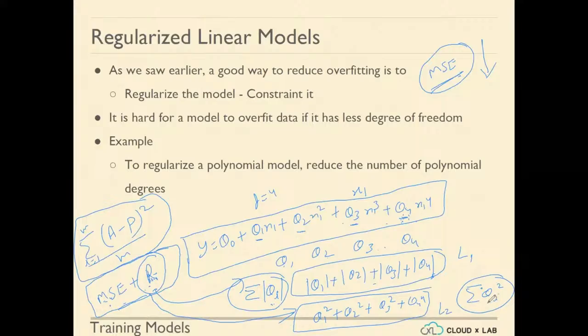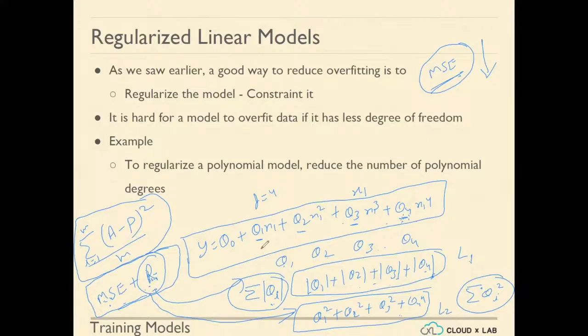This square is the L2 norm, and this absolute value is the L1 norm, right? So if all are 0, then this summation will be 0. If you put all 0 values here, you will get 0, and here also you will get 0, right? So this regularization term will be 0.